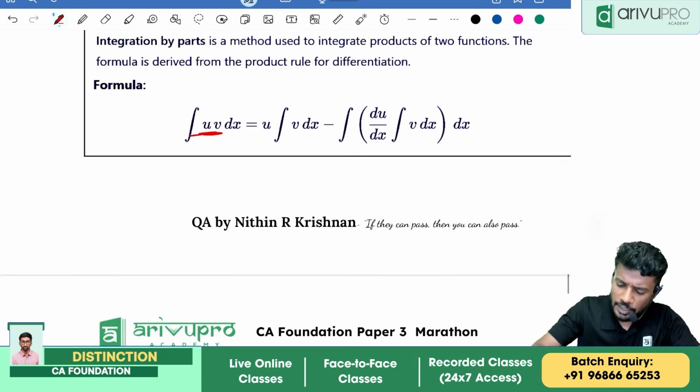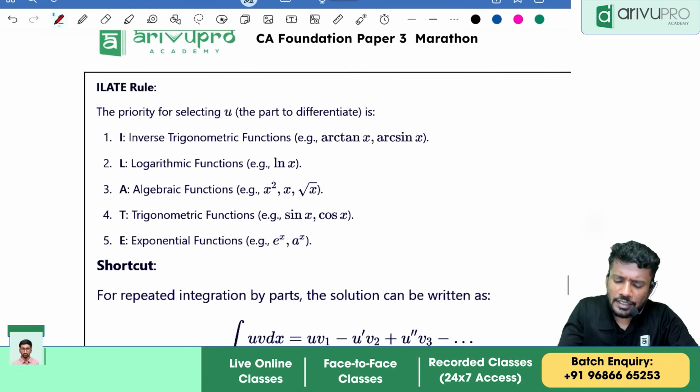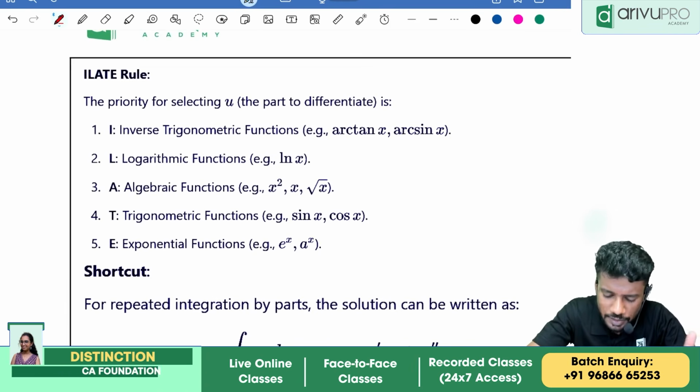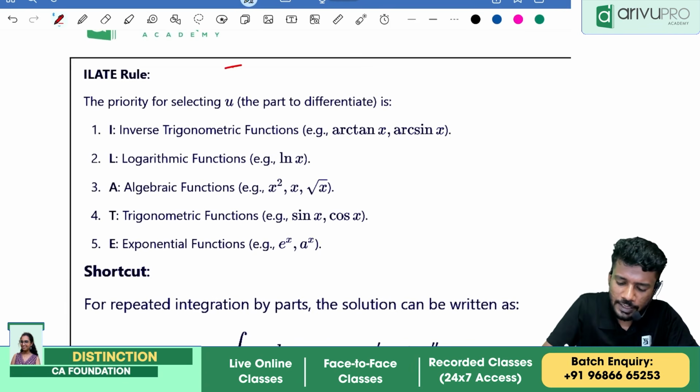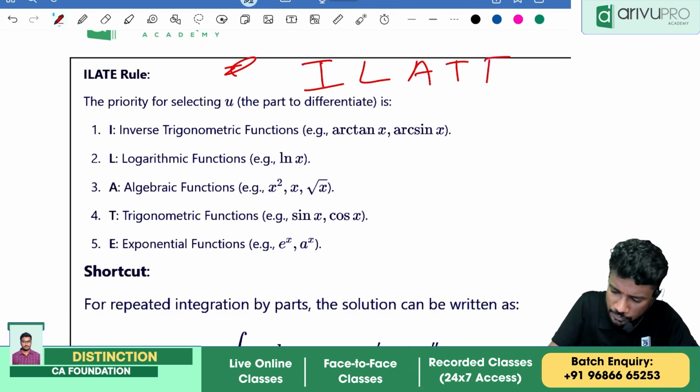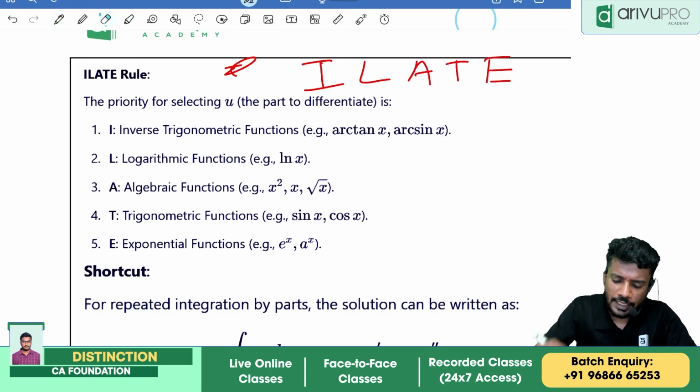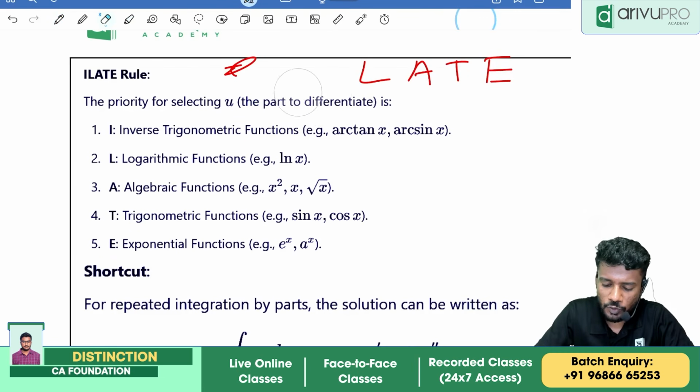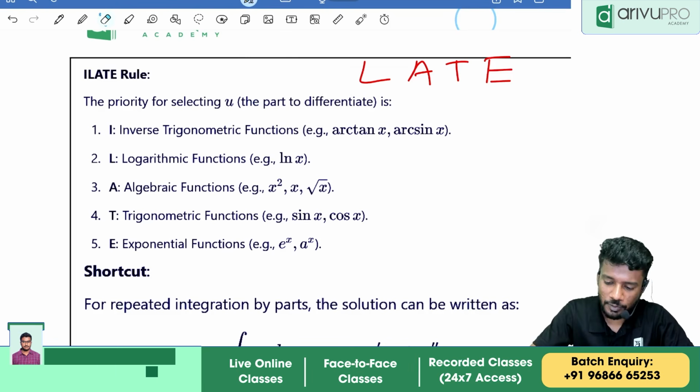Now there is something called the ILATE rule. I is for inverse trigonometric function. We don't want that, because we are not studying trigonometry.